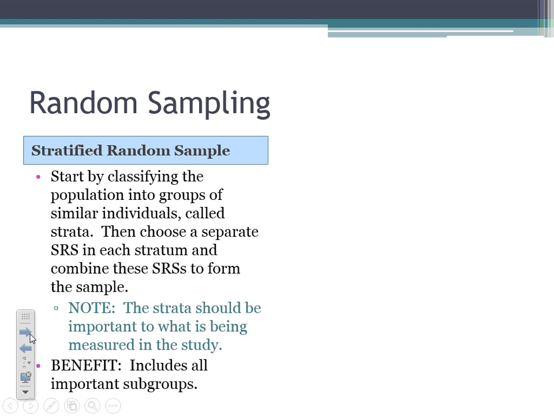The benefit of that is that we guarantee that every important subgroup is represented within our sample. We help eliminate any potential bias from only selecting all seniors or all freshmen or something along those lines. So it's a very simple sampling method, and we're going to go through an activity in class tomorrow to help you see this type of sampling method.